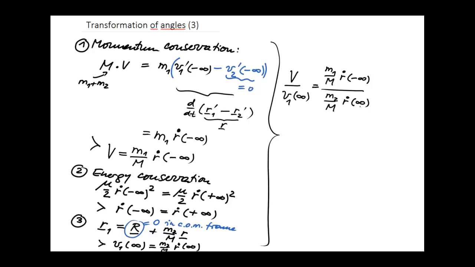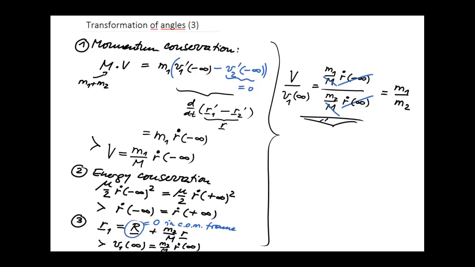Now here it doesn't matter whether we have r dot at plus or minus infinity. We learned from energy conservation that these values are equal, so we are allowed to cancel these out. Likewise, the total masses cancel, and all that is left is that this is the ratio m1 over m2.